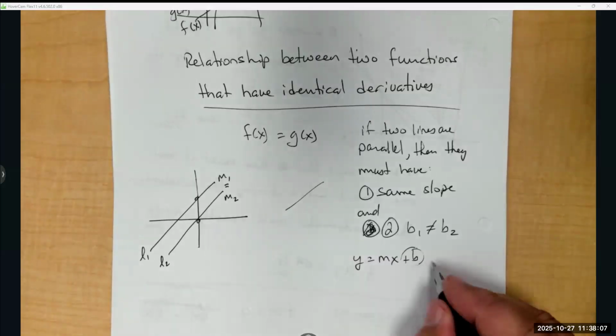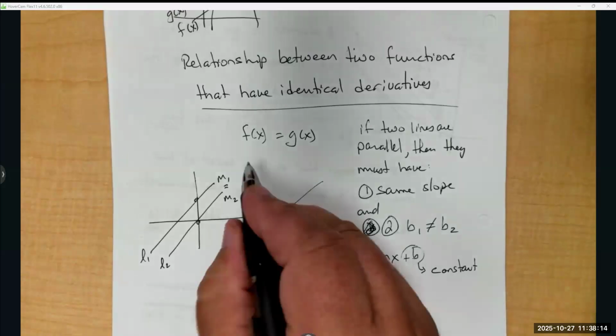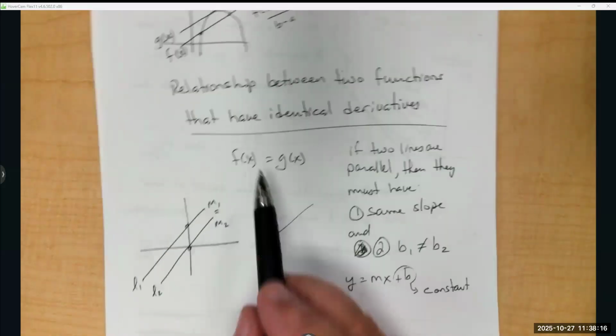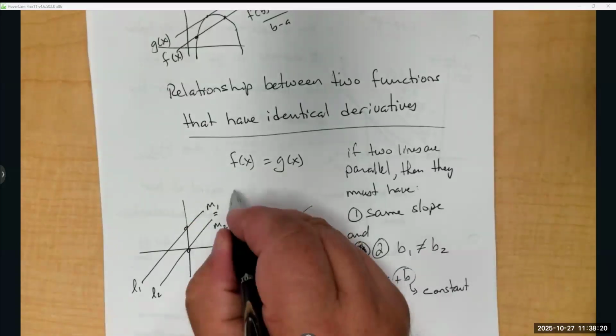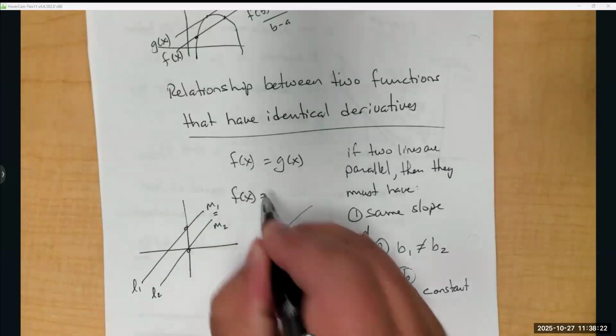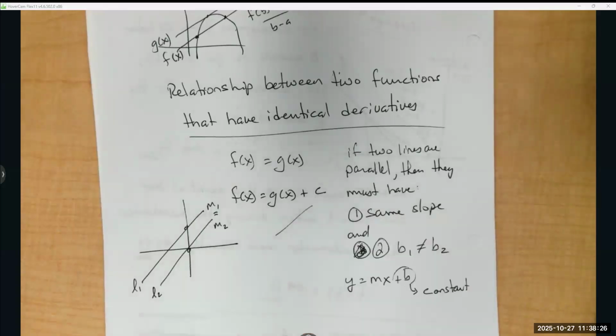Yes, it's the constant. So if f of x and g of x have the same slope, the only way that they're different is if there's a constant difference.